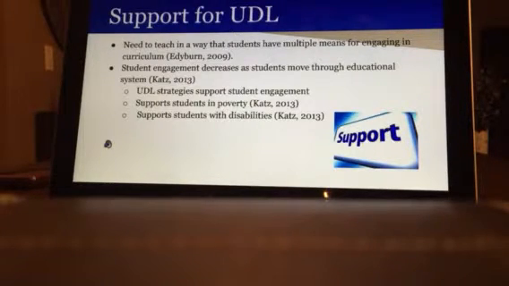We also have quite a few of those kids too, so their engagement decreases. So how can we target those types of students? Well, by finding different meaningful ways to get them excited and engaged in the curriculum is what she would argue. So again, UDL just offers another approach to get kids excited about the learning that they're doing.